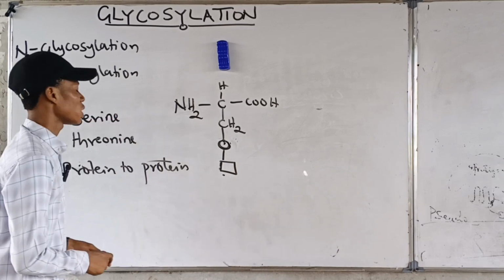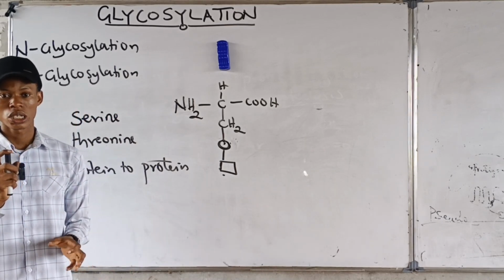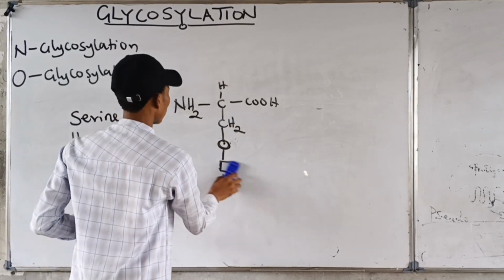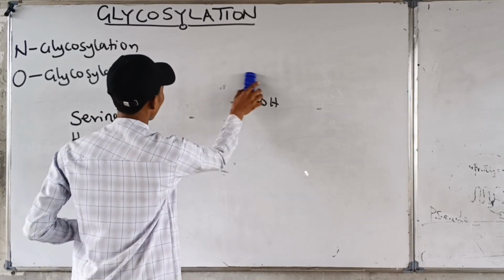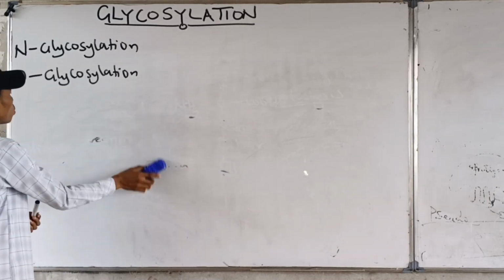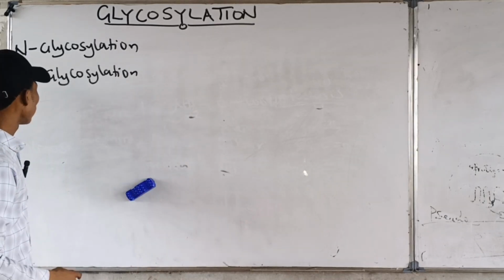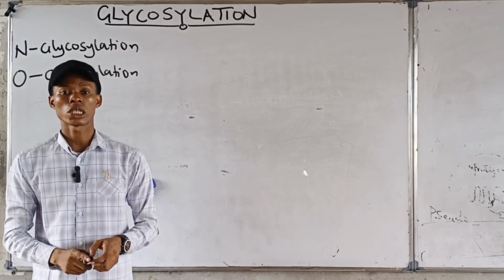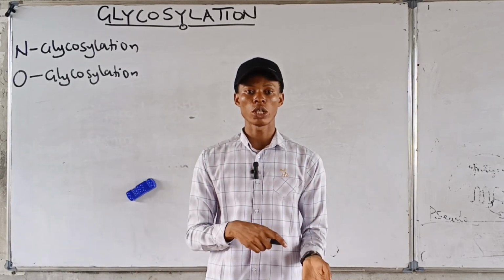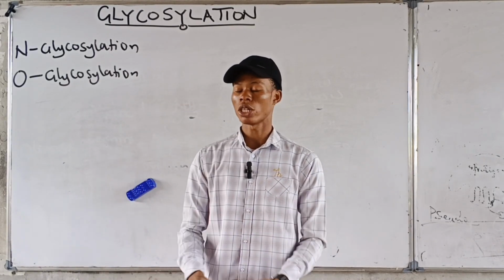It's also involved in cell adhesion and signaling. It's involved in lubrication and protection of the epithelial cells. So those are some of the functions of O-glycosylation. All right, so we are going to look at the differences between O-glycosylation and N-glycosylation.